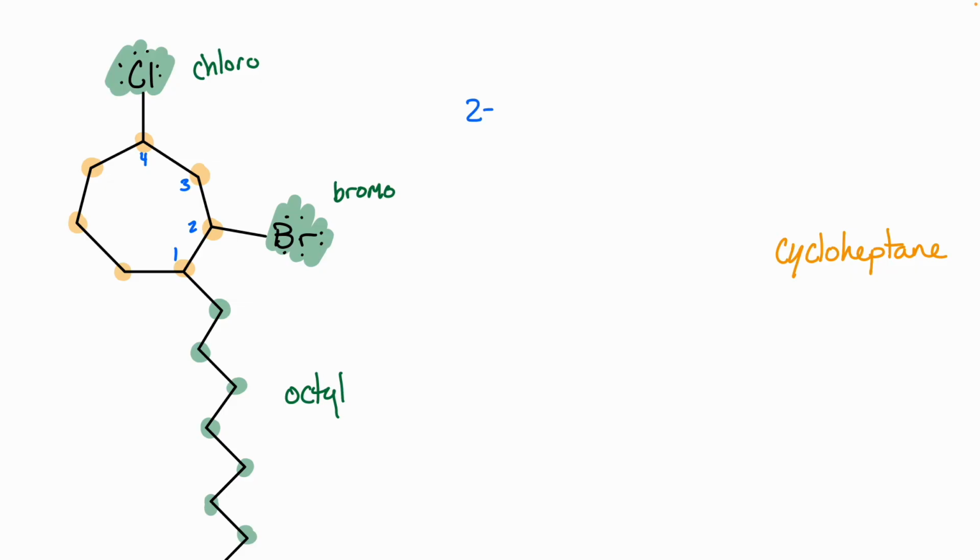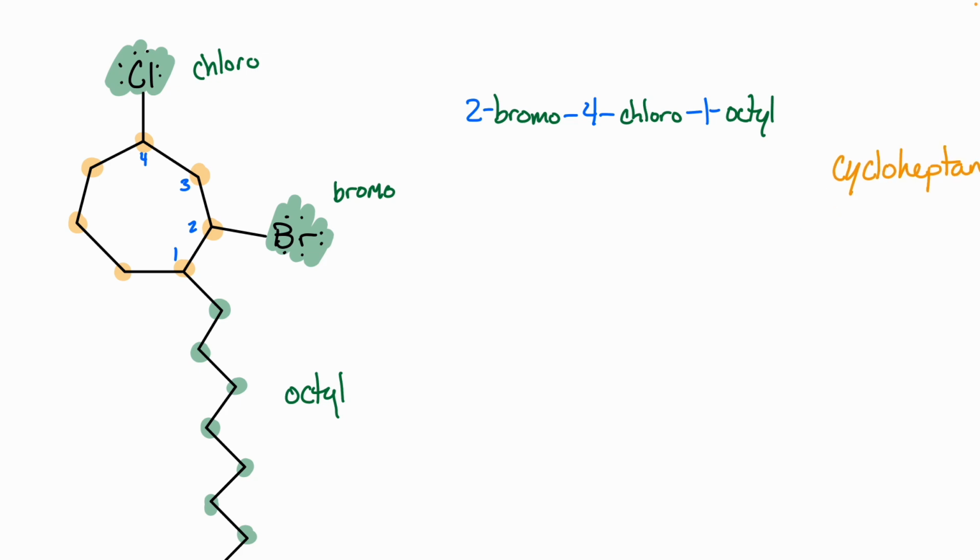So we got our 2-bromo, 4-chloro, 1-octyl, and then our parent chain, cycloheptane. All right, 2-bromo-4-chloro-1-octylcycloheptane.